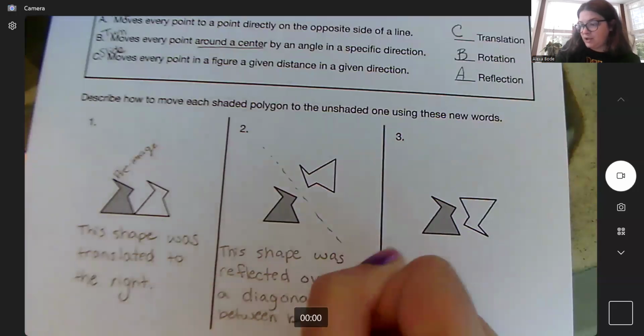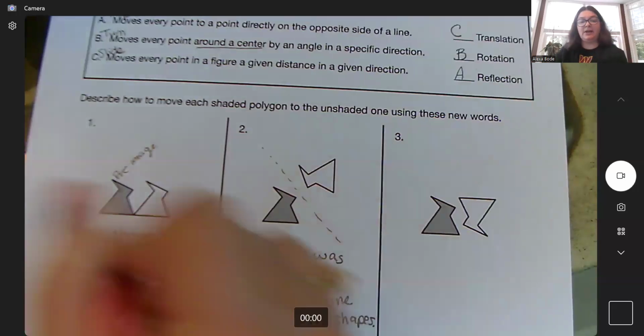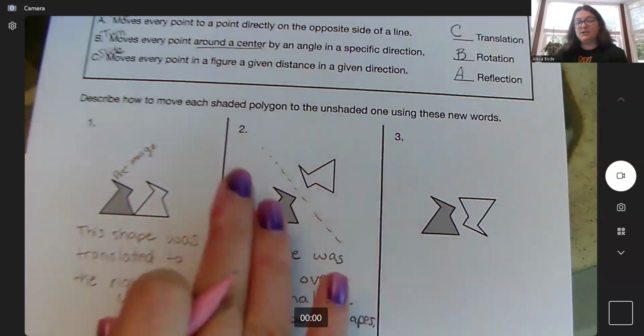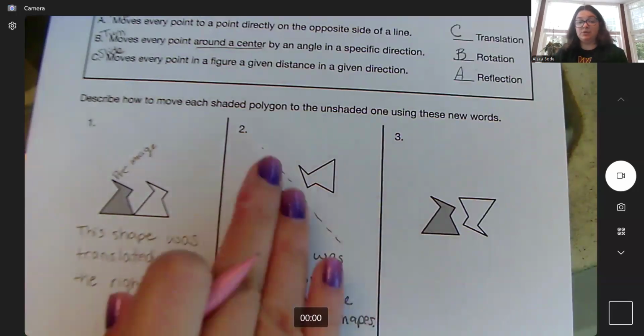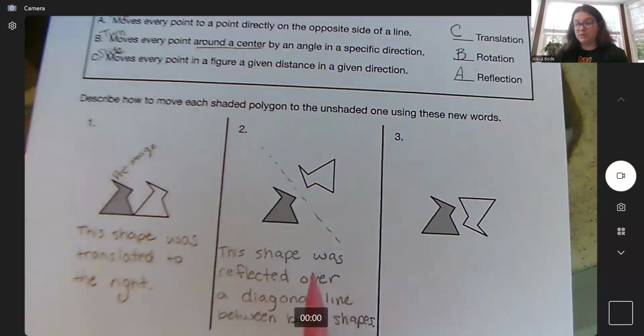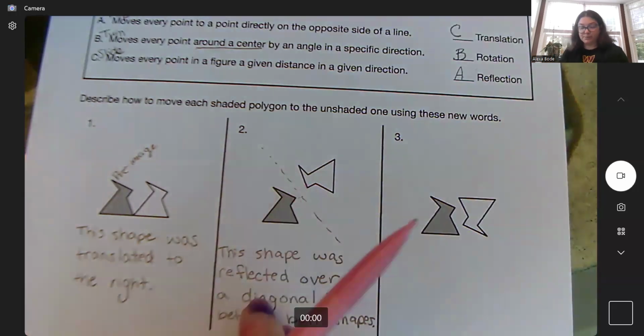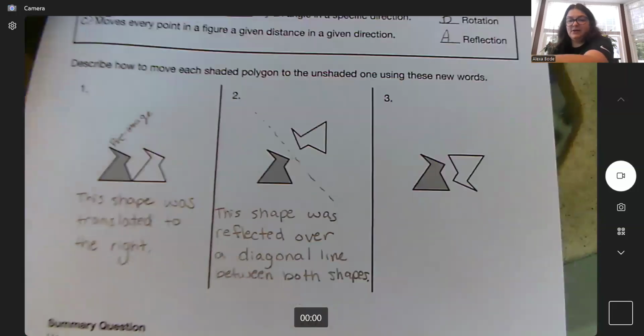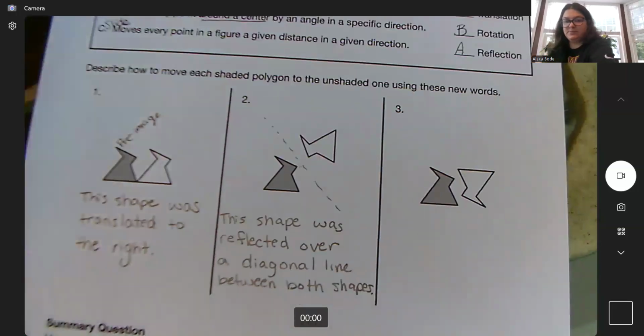With a reflection, the line of reflection, the line in between them, is always going to be in between them. So this point should be the exact same distance from the line as this point is from the line. And we'll talk more about reflections next week. So the shape was reflected over a diagonal line between both shapes.